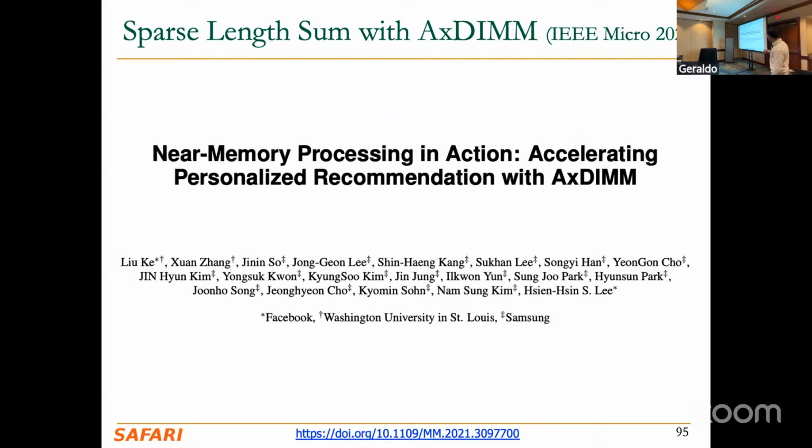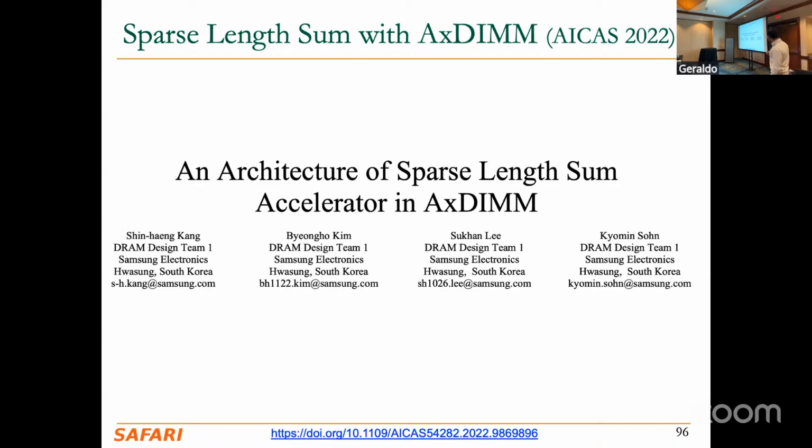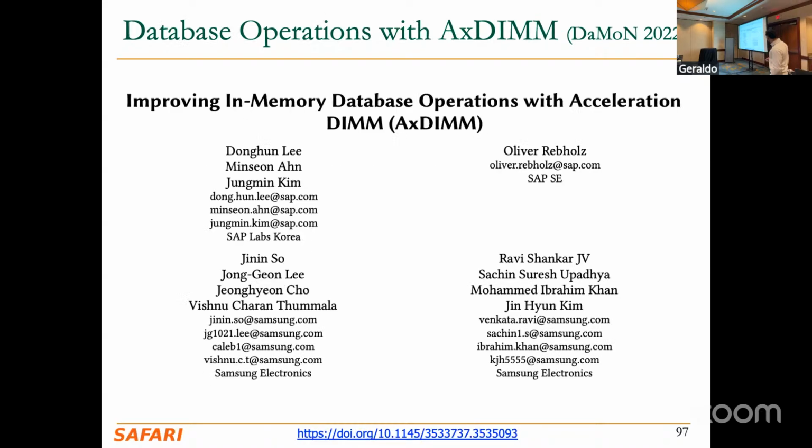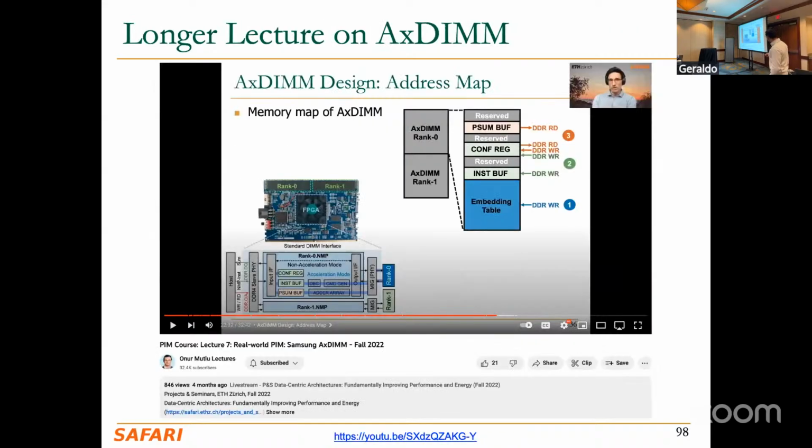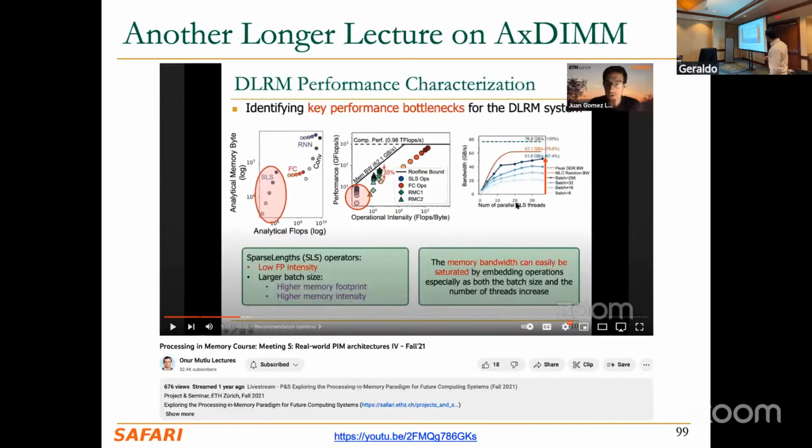They keep working on this and using other applications on this system. This is, for example, the same architecture, but since this is FPGA-based, they can do other logic. This is for sparse length sum, and there is another one for databases. We have more lectures on the IXDIMM available online.